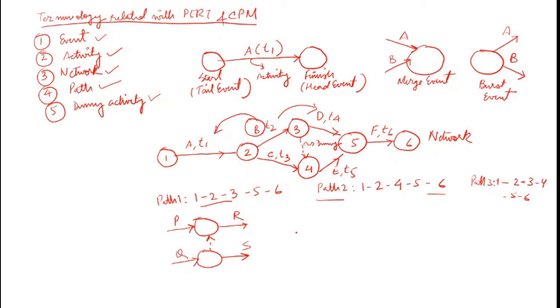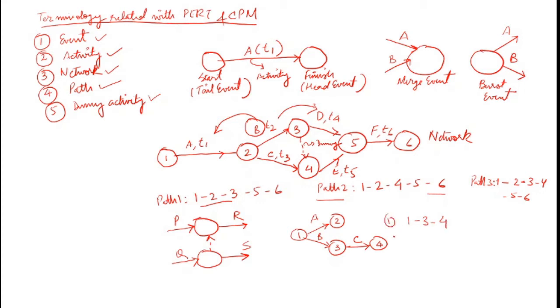Another example is, there is an activity A which has a start event and an end event, and there is an activity B, which also has a start event and an end event, and it finishes at 4 at activity C. If we make a path out of it, one is 1, 3 and 4.